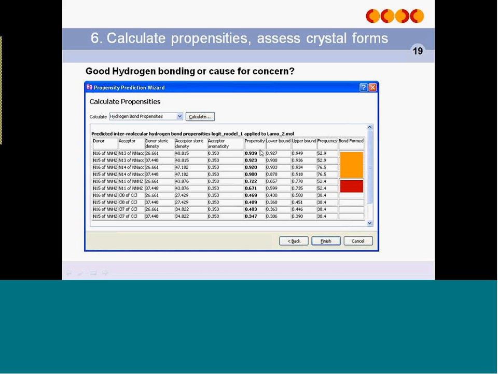And you can see that we're predicting that there's some really good interactions possible in the lamotrigine. So if you have a high value here close to 1, that's indicative of a strong and likely interaction. Values approaching 0 are indicative of unusual interactions and possibly could be a cause for concern. But in the case of the lamotrigine, we're predicting a couple of really quite strong interactions.